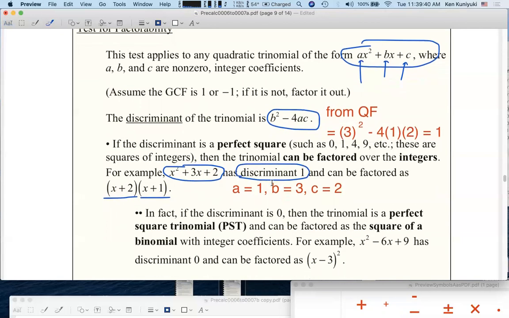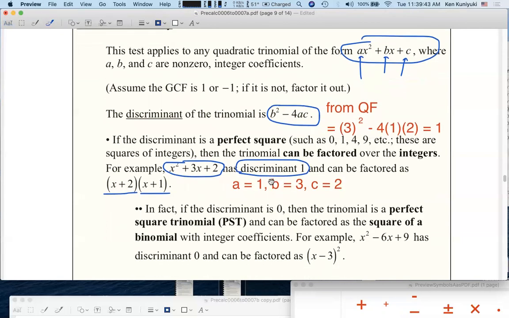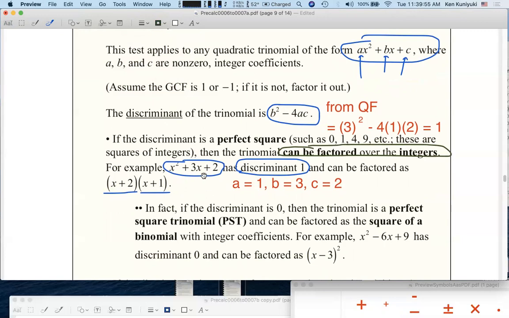Well, so what? So what? That means that this QT here can, in fact, be factored over the integers. This QT can be factored over the integers, old school, which means that you're not wasting your time with guessing and trying to figure out what these factors are. There's a way to do it. There's a way to break this QT down into something like this times something like this.